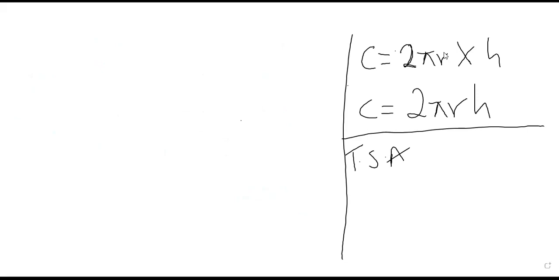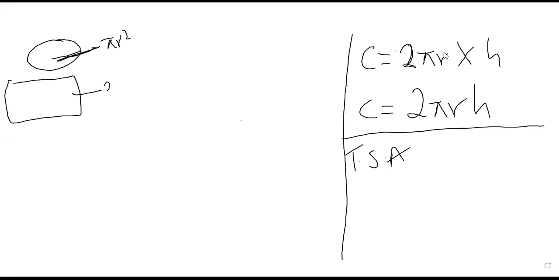That is the total surface area of a cylinder. Let's say this is a cylinder now. We have this circular top to be pi r squared, and also the lateral body is 2 pi r h, and also the circular bottom is given as pi r squared.